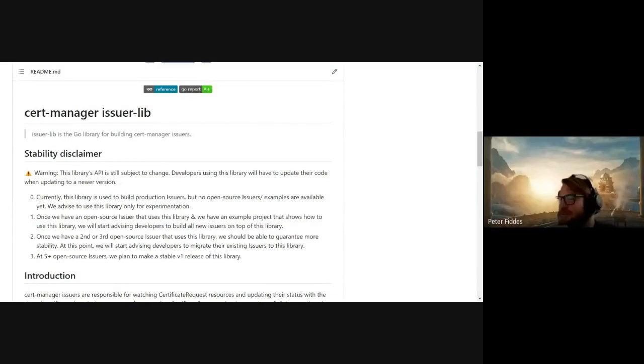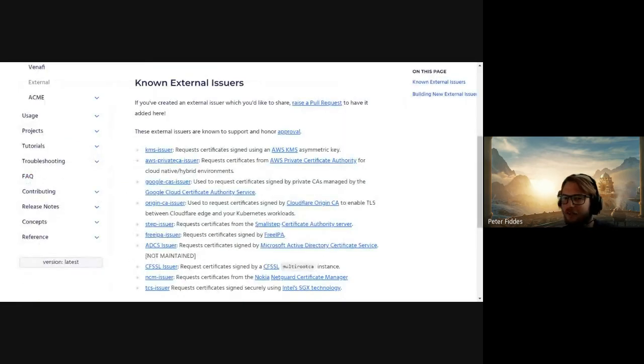Could you get the same result by having a checkbox on the external issuers to say it uses the approved issuer library? We could add more information in there, like the last time it was tested or maintained or something. I don't know, but that could be a starting point.